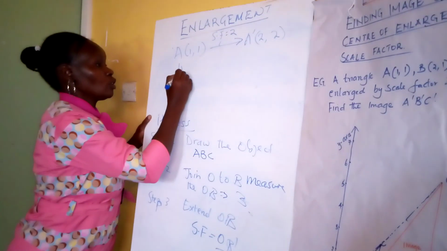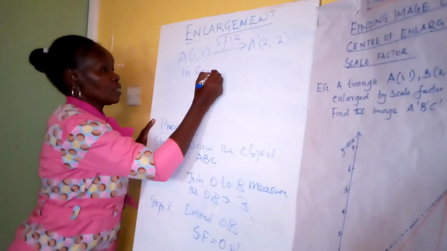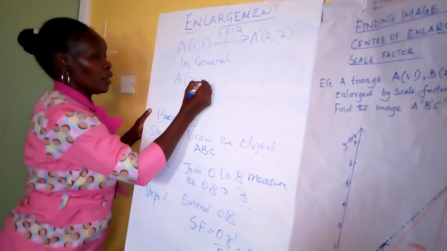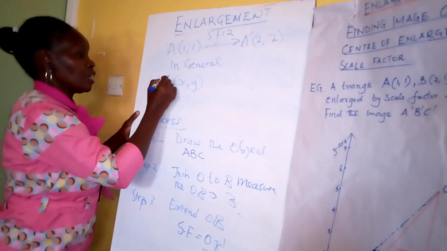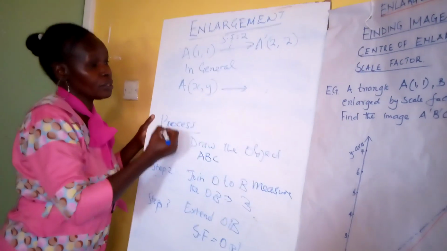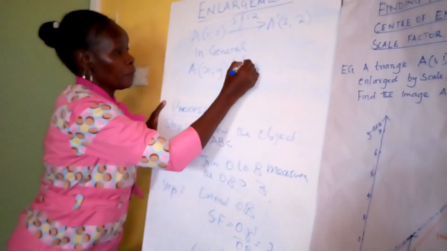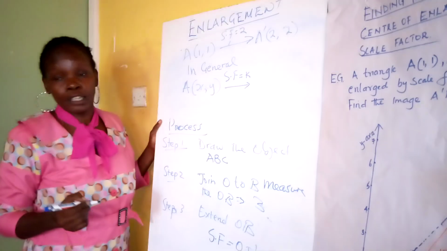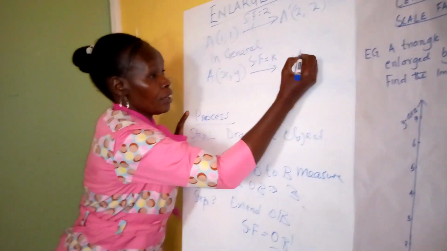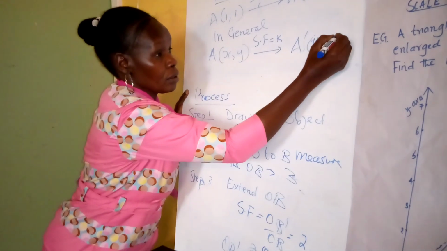So in general, we can say that when we have A, which is (x, y), to get the image of A at the enlargement scale factor k, now we call our scale factor k, then A prime will be (kx, ky).